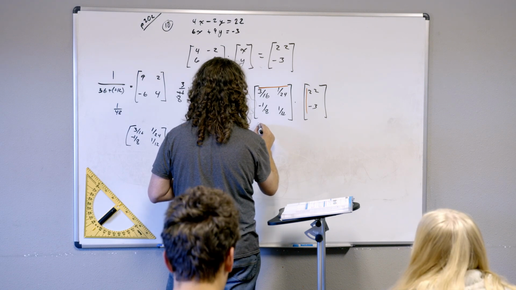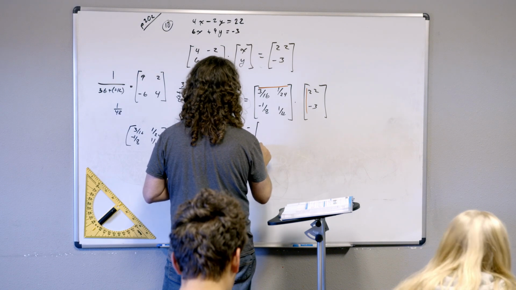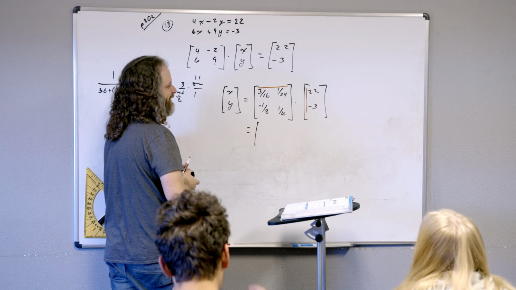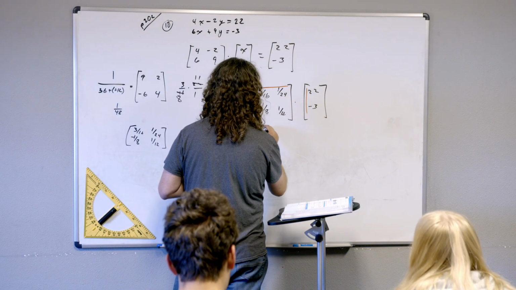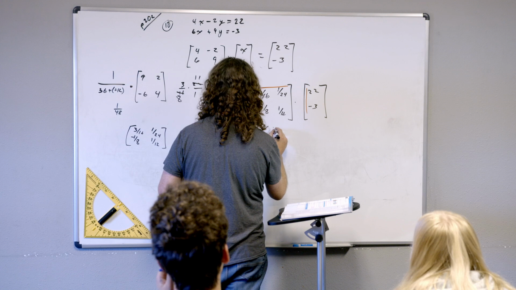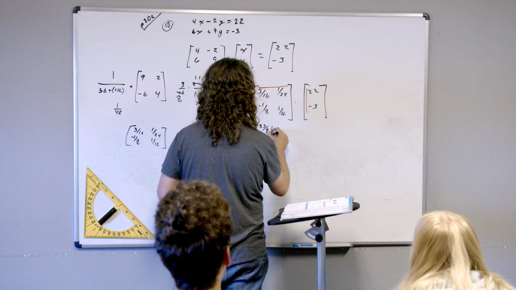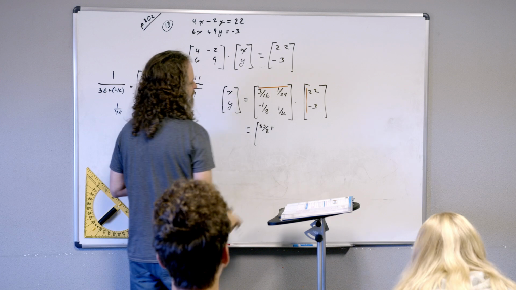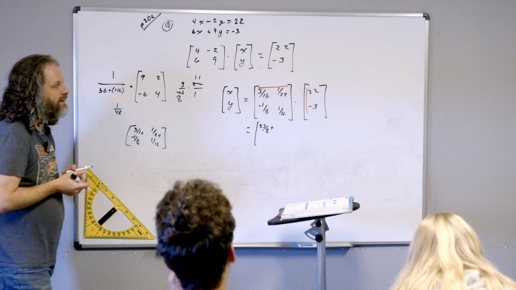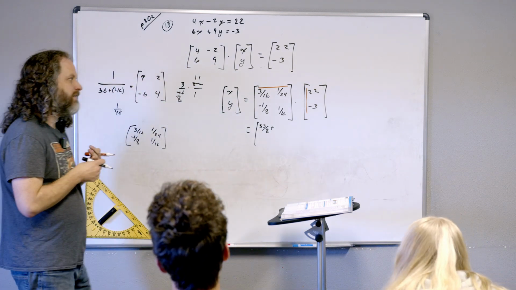I reduce once I see it. I can't reduce until it's on the paper. Well, that makes sense. That's reasonable. 33 eighths plus 1/24 times -3. It's negative 1/8. -1/8.